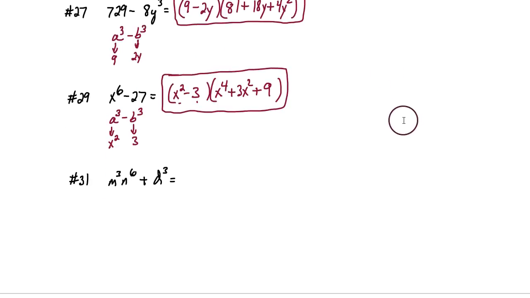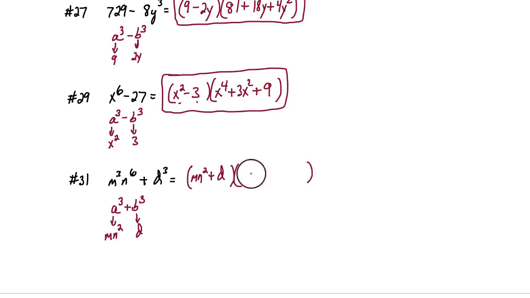Number 31. There is no GCF, so let's look to see if it's a special pattern. As soon as I see the cubes, I wonder if it's a sum of cubes pattern. Does it fit this pattern? In our problem, the letter A would be mn squared, and the letter B would be a D. So a small set of parentheses, and then a longer set of parentheses. mn squared plus D. Then square the mn squared.